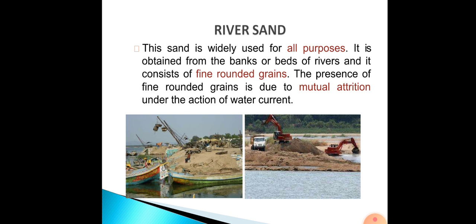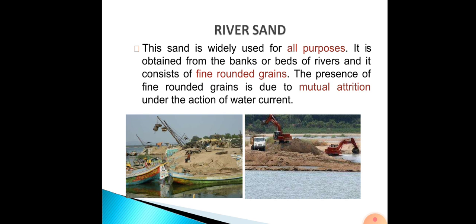Now coming to the second type based on the source, that is the river sand. Again, you know that river sand is also widely used for all purposes. These are actually obtained from the banks or from the beds of the rivers, and here it consists of fine rounded grains.